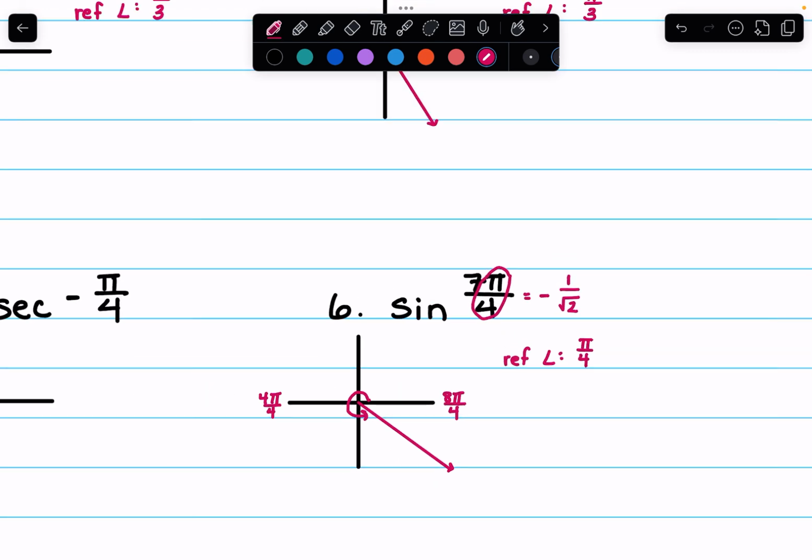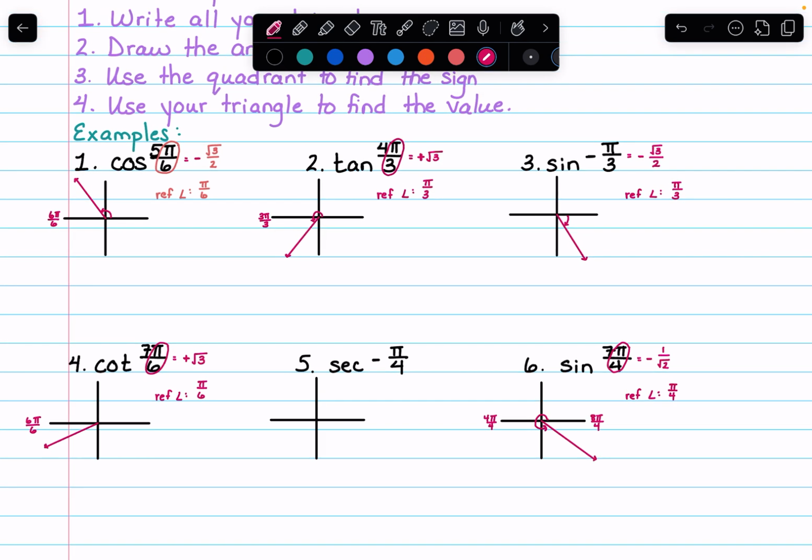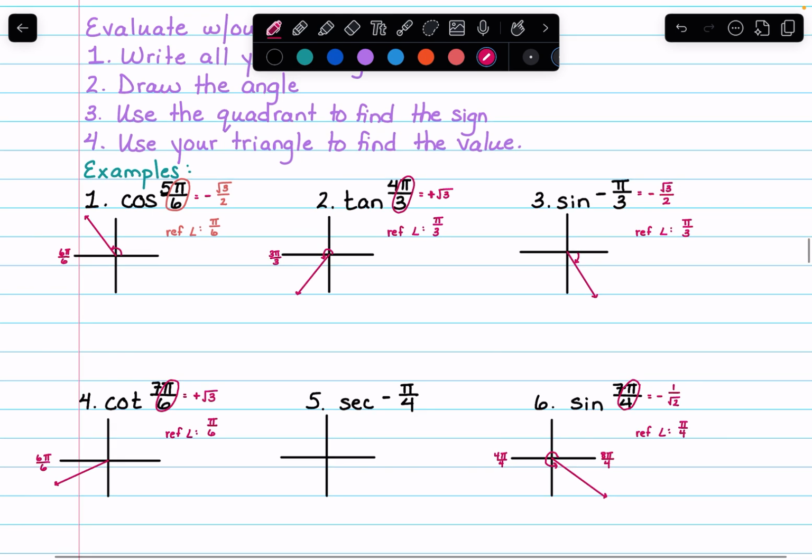Just like that. Okay, so hopefully these are making a little bit more sense to you guys. I know it is different from our degrees, but hopefully you can see the similarities of we're drawing that angle, using the quadrant to find our sine, and using our triangles to find the value.